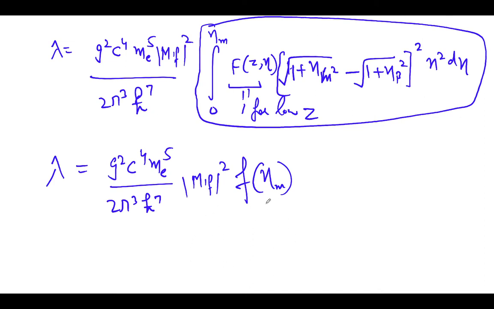So this factor f of eta m is a constant which depends upon this matrix element, which further depends upon the wave functions of the initial and final state nuclei and the wave function of the beta particle.